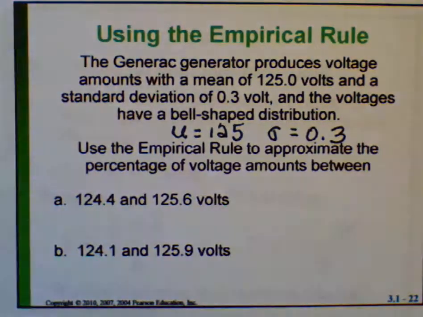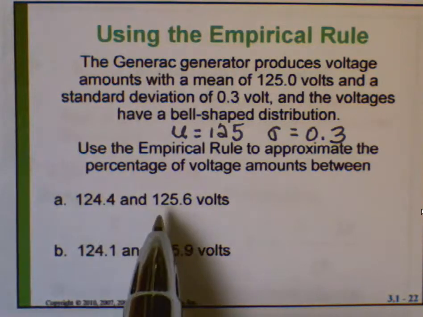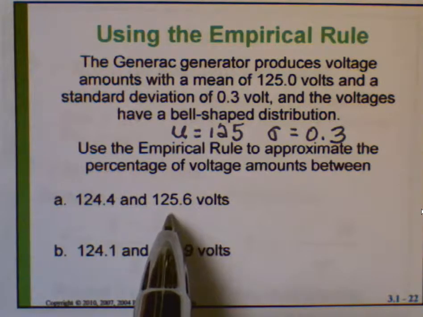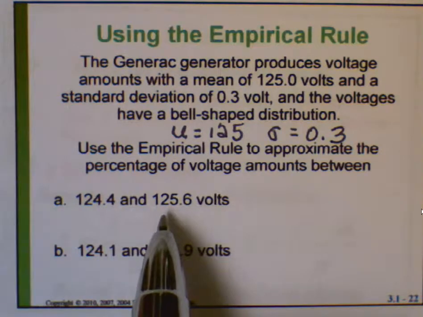If this had said anything about a sample, then I would have used X bar and S, but I'm assuming that's all Generac generators. Use the empirical rule to approximate the percentage of voltage amounts between 124.4 and 125.6. I just need to know how far these are away from the mean.